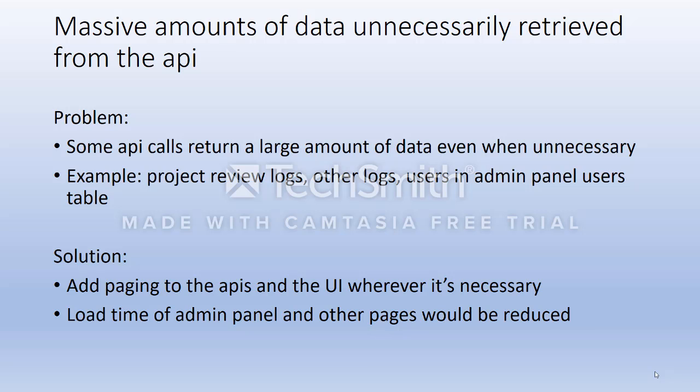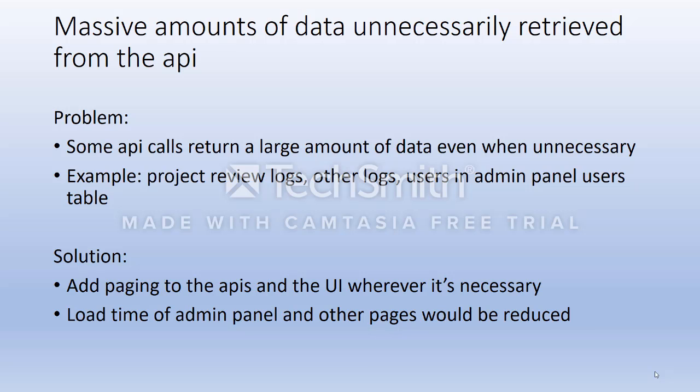What I propose you do to solve this problem is you add paging to the APIs and the user interface wherever this problem is occurring right now. For example, in the project review logs, you can make it so that when the page loads, only the first, say, 30 or 50 logs are shown, and then give the user an option to see all their logs or not, and show them maybe 30 to 50 at a time instead of everything, and that would make the page load a lot faster.